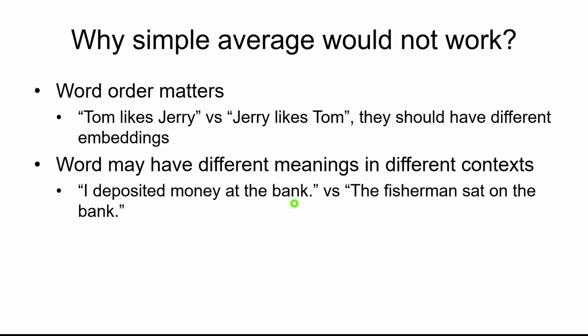The first one means that the bank is a financial institution, and the second one is the bank of the river. So that's totally different meanings. If we use the simple average, the embedding for bank will be exactly the same, but in reality they should have different embeddings. So simple average will not work in this case.